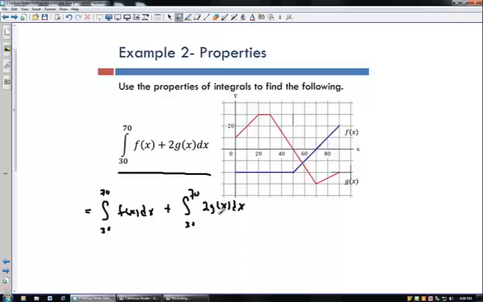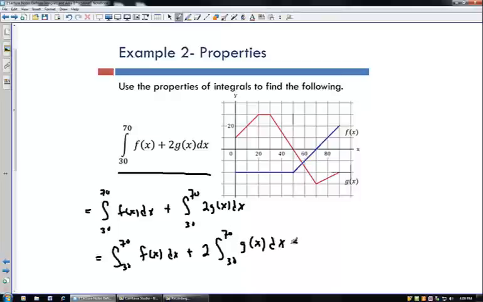And I also know that I can pull constants outside of the integral. So this is then going to be equal to the integral from 30 to 70 of f of x dx plus 2 times the integral from 30 to 70 of g of x dx.